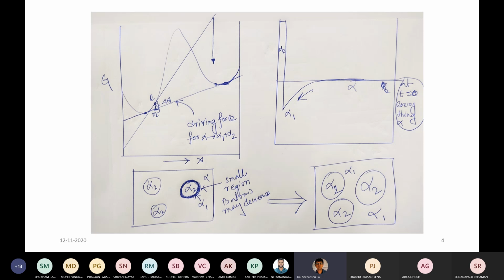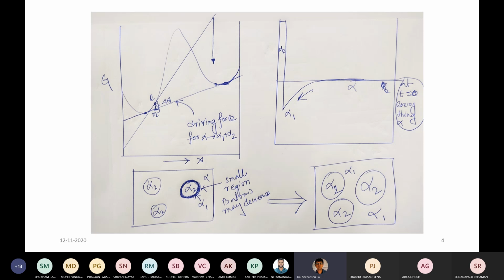That fluctuation sometimes, due to different thermodynamic driving factors, takes a local clustering, and that local clustering can have a different composition with respect to the overall matrix, or you can say the global composition. Such local fluctuation may be very common, and in this case, since a more stable composition is available, that local clustering process is going to happen.